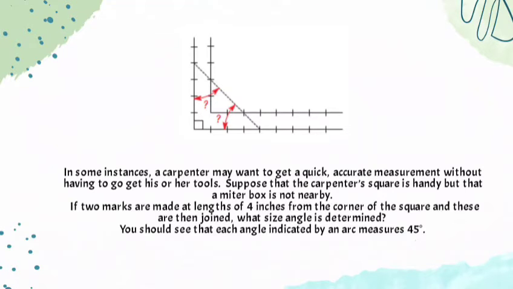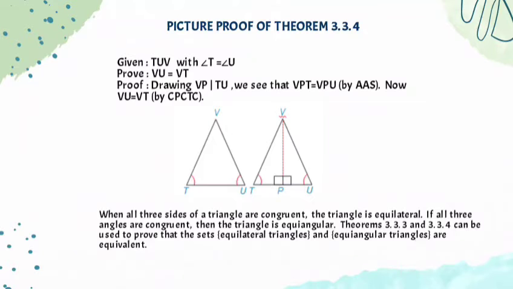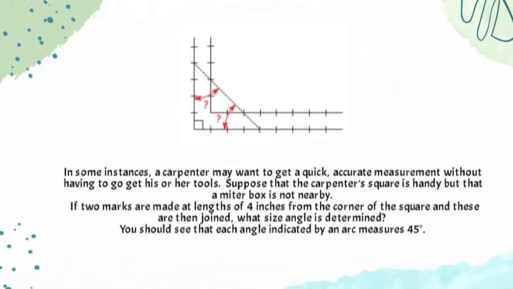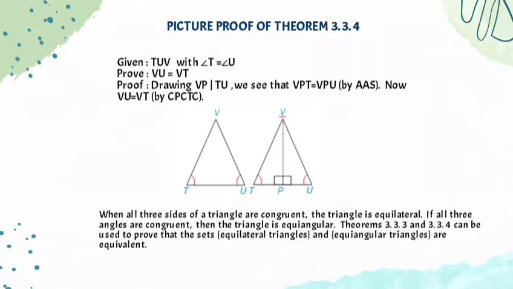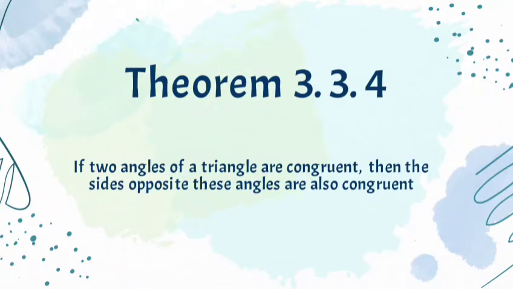Example 4 shows us that the converse of the theorem, the base angles of an isosceles triangle are congruent, is also true. However, see the accompanying warning. Theorem 3.3.4: if two angles of a triangle are congruent, then the sides opposite these angles are also congruent.